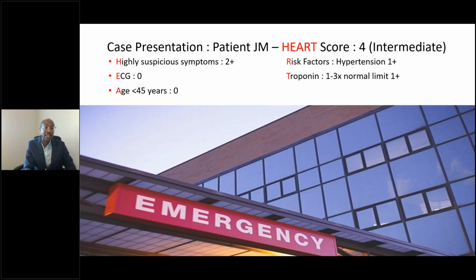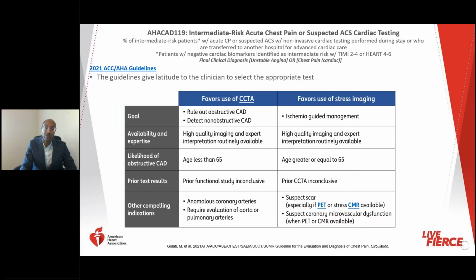Her age being young, 0 points. Risk factors include her chronic hypertension at baseline, and her troponin being 1 to 3 times above the normal limit gives her a point. So she stratified as being at a more intermediate risk, even with the symptoms she's coming in the door with.